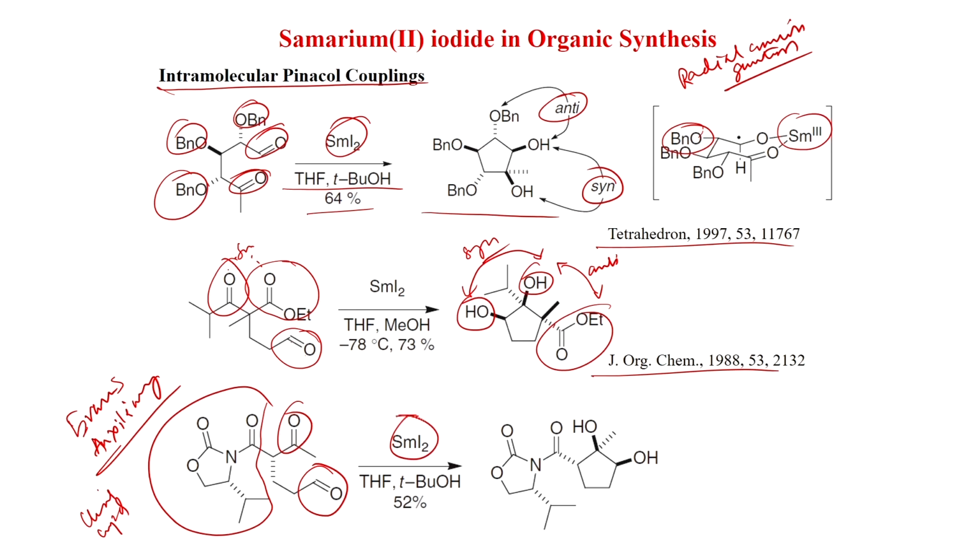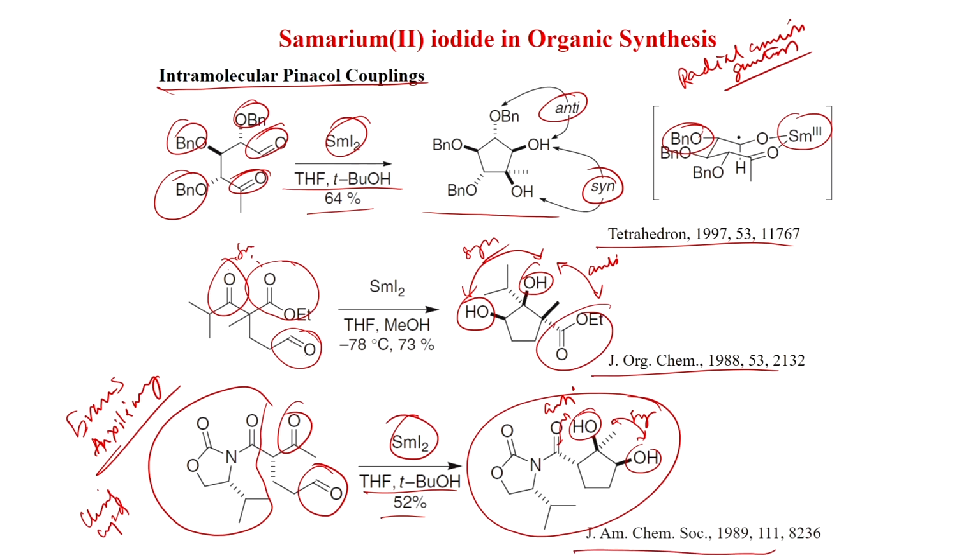With samarium iodide conditions, THF, tertiary butanol, you get 52% yield of this product. So, here also the chiral product is formed in a highly diastereoselective fashion. These two OH are syn and this hydroxy and this group are in the anti orientation. And this was published in JACS 1989.